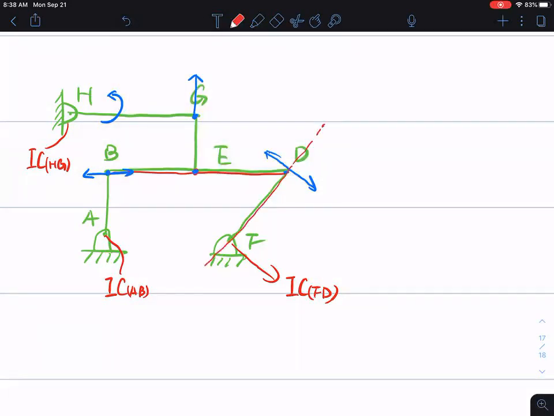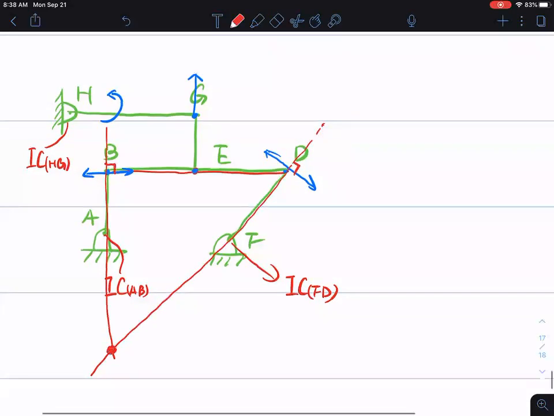The first line is here, perpendicular to that direction, and the second line here, perpendicular to that direction. Boom, we have the intersection. That tells us the instant center of BD. Raise your hand if you figured out that point. Okay, good.